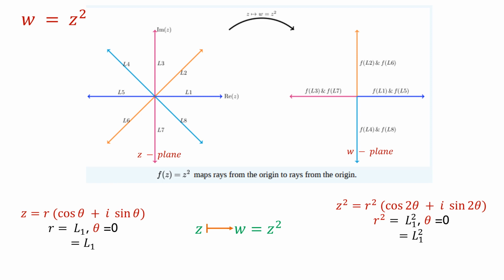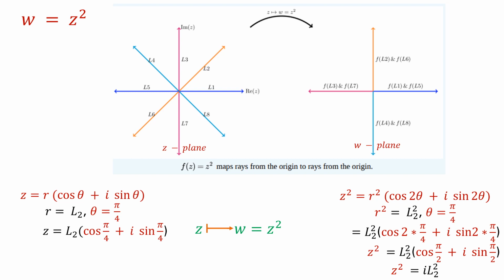So we have z square is equal to r square into cos theta plus i sin theta whole square, that can be represented as cos 2 theta plus i sin 2 theta. So for r squared we have L1 square and theta is 0 and hence we have z square is equal to L1 square. So the ray L1 in the z plane is mapped as f of L1 in the w plane.